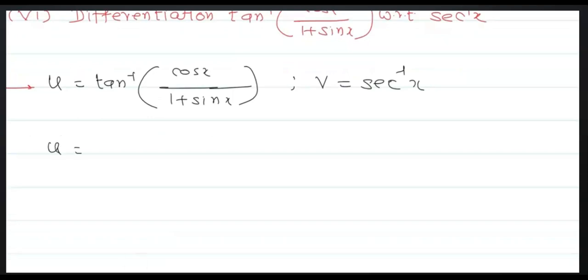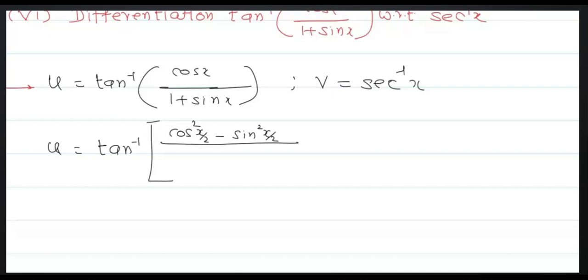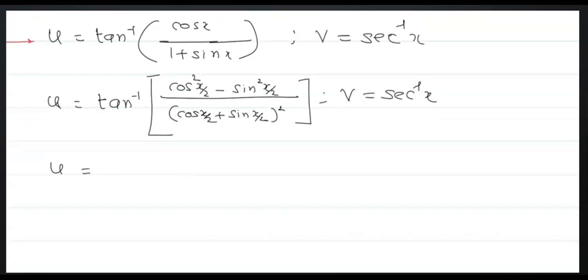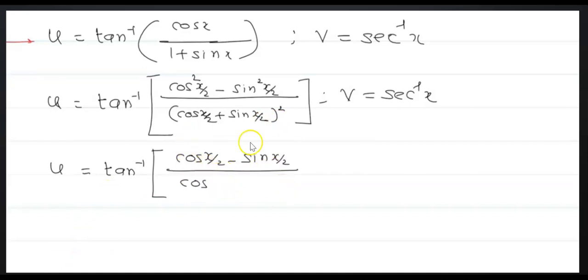Now tan inverse of, now this cos x can be written as cos square x by 2 minus sin square x by 2, and 1 plus sin x can be written as cos of x by 2 plus sin of x by 2 whole bracket square, and v is equal to sec inverse of x. Now here is a square minus b square, so that is tan inverse of cos of x by 2 minus sin of x by 2 in one bracket, and another bracket plus.